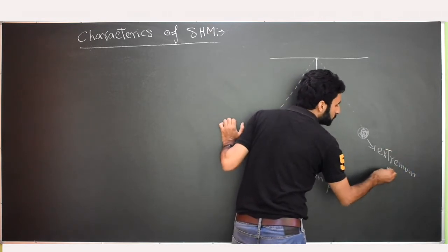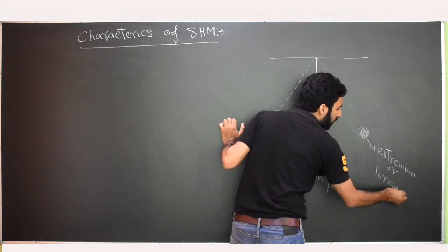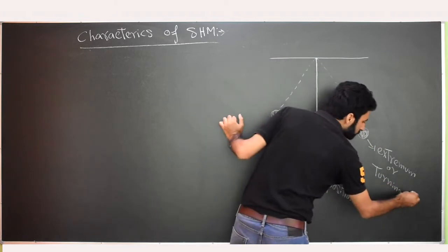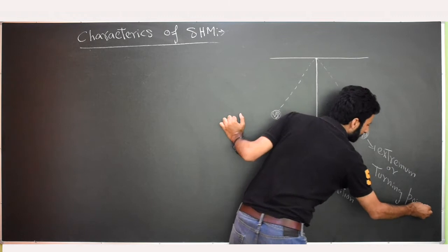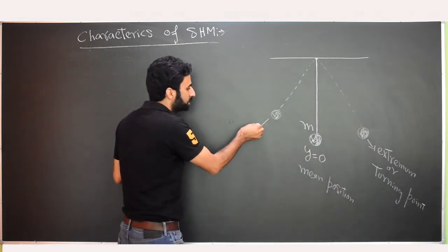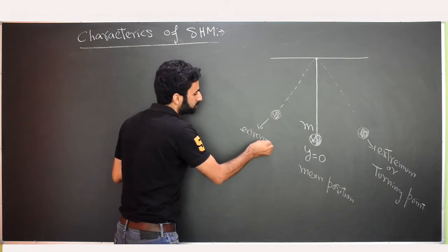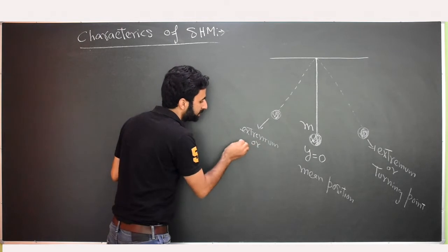Extremum is also known as turning point, because this is a position from where the pendulum bob now turns back. And the same applies to this side. This is also known as extremum or turning point.